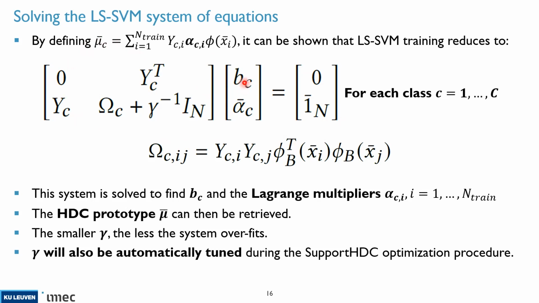So we are trying to identify the bias BC and this vector alpha C, which are in fact the Lagrange multipliers. And we do that by simply inverting the system.